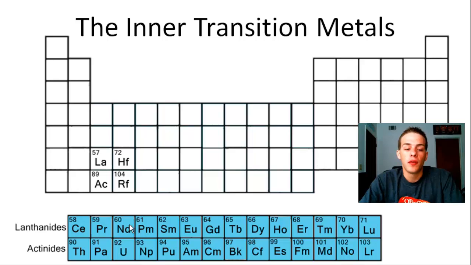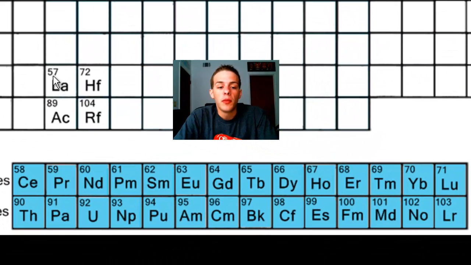The inner transition metals are this little chunk of the periodic table that is usually on the bottom. Basically, this is just a piece of the periodic table that has been removed to make it more concise. So how it works is we have lanthanum over here, element 57, and then it jumps right to hafnium, element 72.